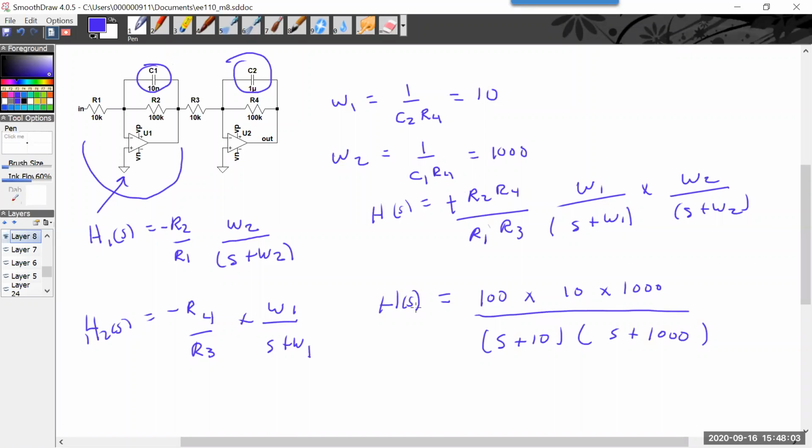And that's our new transfer function. All right. We just had to remember a few things, right? Our inverting configuration, and then how to do impedances in parallel, right? And taking that ratio and then just working it out, right?